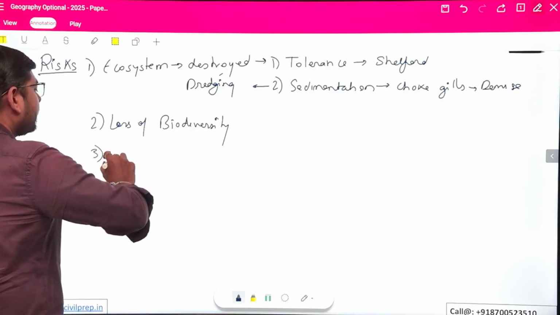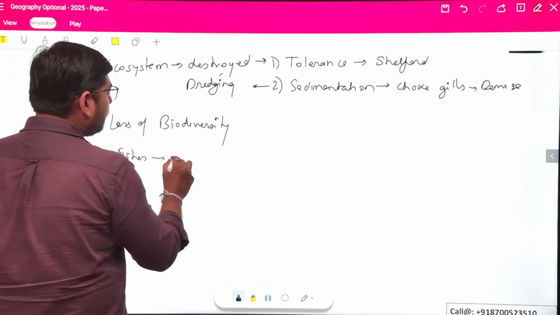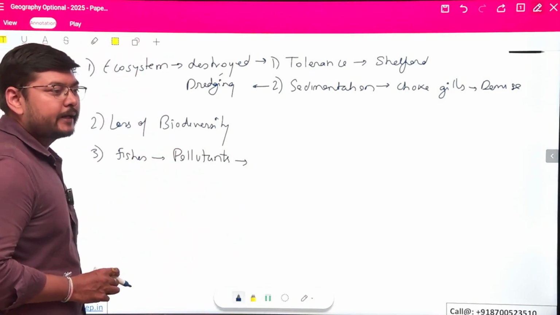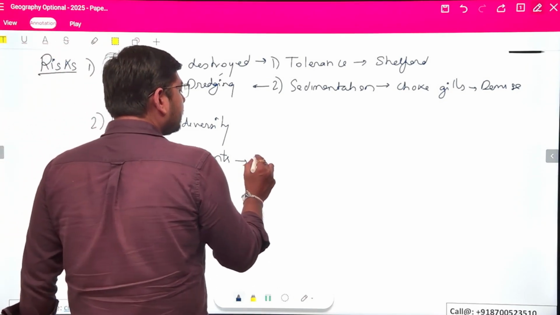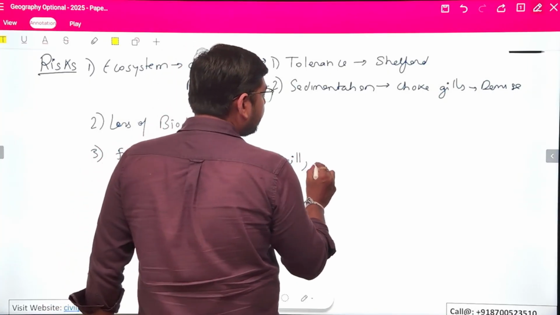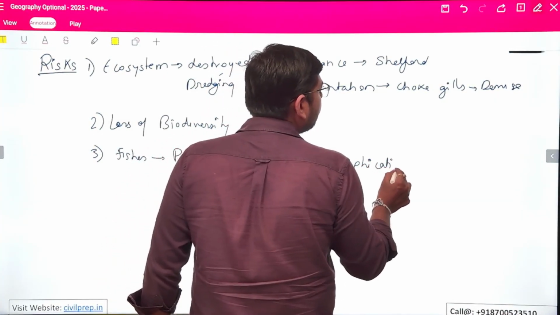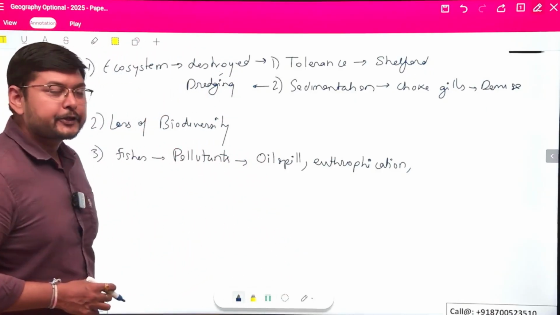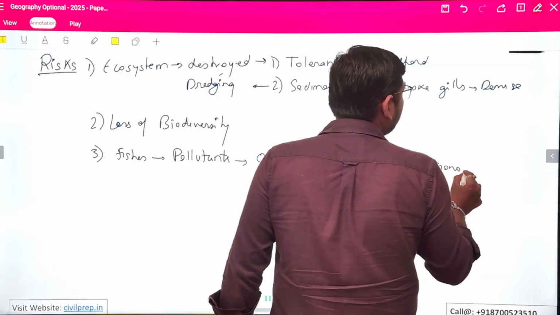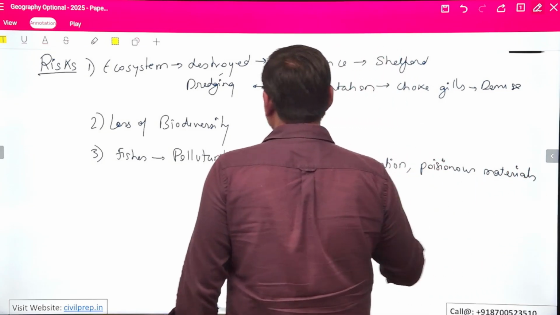Third thing we'll be seeing here is that the fishes have to face various kinds of pollutants. For example, if you are doing certain activity inside the oceanic regions, it may result in an oil spill, it may result in eutrophication, and certain poisonous materials, which are a kind of pollutant for them.